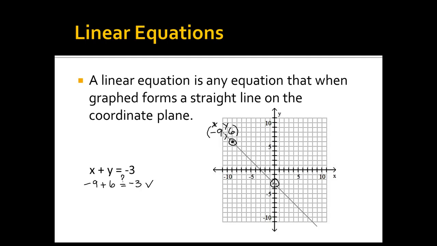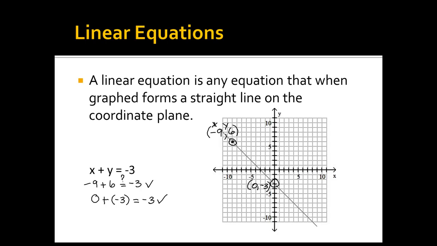Right here, we know any point on the y-axis has an x-coordinate of 0. The y-coordinate would be -1, -2, -3. So we would be using the ordered pair x is 0, y is -3. We plug that in, we get 0 plus -3 equals -3, and the answer is yes, it does.